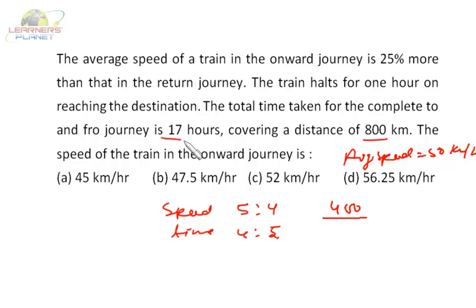So 4 by 9 of 16 hours since it is taking halt for 1 hour. So it's 400 into 9 by 4 into 16. That is 56.25 kilometer per hour. Okay. I hope you are clear.